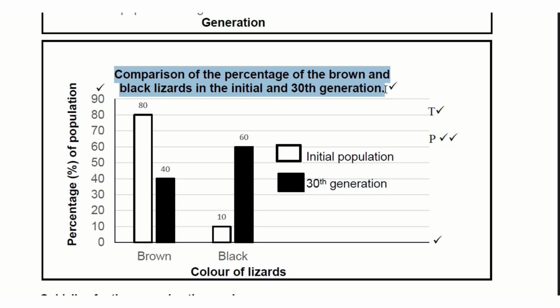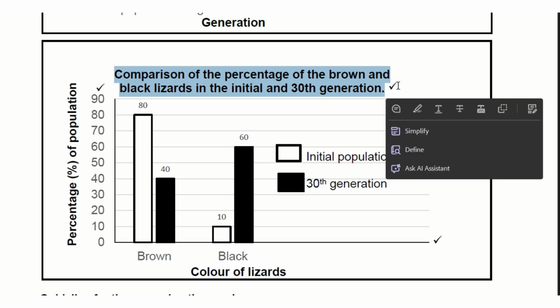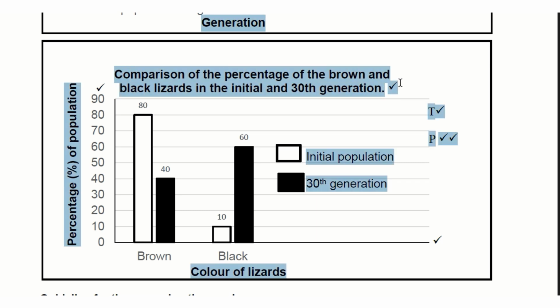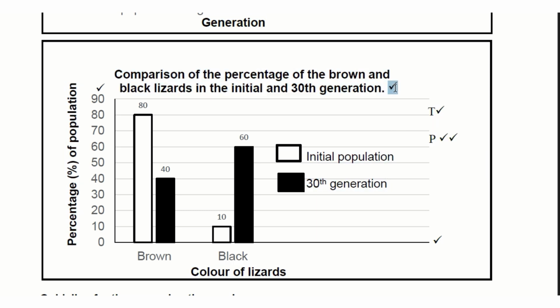Okay, very important. This is where it differs from the question on independent and dependent variable. When it comes to graphs, you have to use the information from the table. So whatever you put on your axis is what you're going to put in your heading. A lot of people lose this mark.